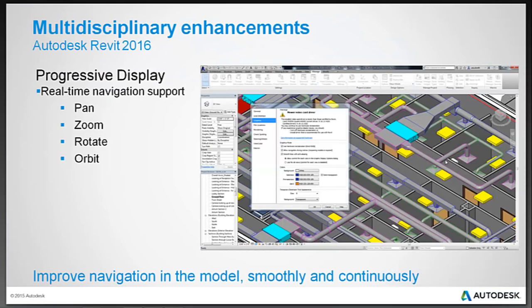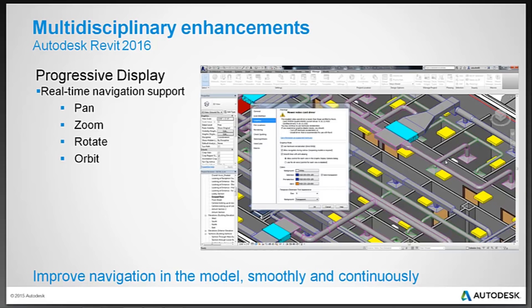As far as multidisciplinary enhancements, some of the biggest enhancements that you're going to see have to do with graphical display, making it smoother, making it better, and generally getting the program to run a little better for all of us. A pretty significant enhancement is this progressive display, which gives you real-time navigation support with your panning, zooming, rotation, and orbit.